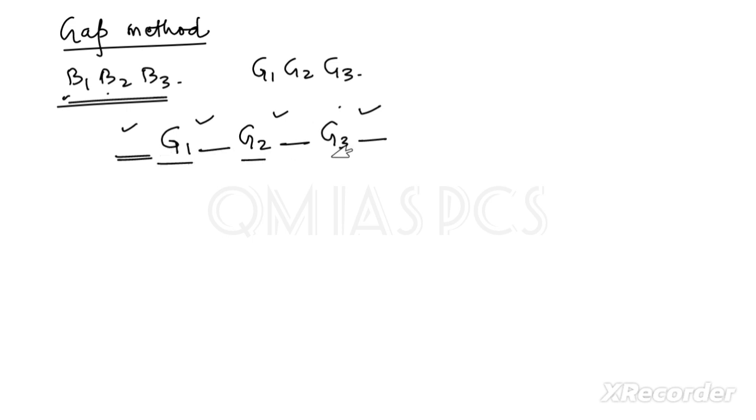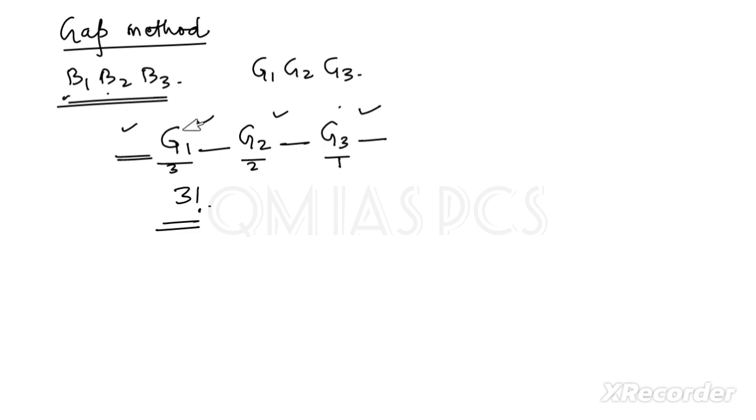In this type of question we have to arrange the girls first. The arrangement of 3 girls has no restriction, so this can be done in factorial 3 ways. Like the digit questions, this one will be 3, this one will be 2, this one will be 1, so 3, 2, 1, this will be 3 factorial. So this will be the arrangement of girls.